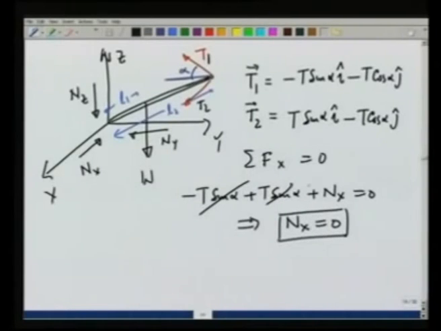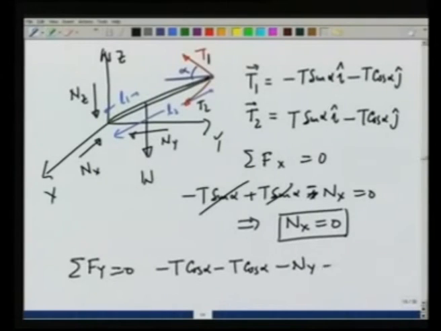It does not really matter, actually this should have been negative here. Similarly, summation Fy is equal to 0 implies that minus T cosine alpha minus T cosine alpha minus Ny is equal to 0, or Ny is equal to 2T cosine of alpha with a minus sign.